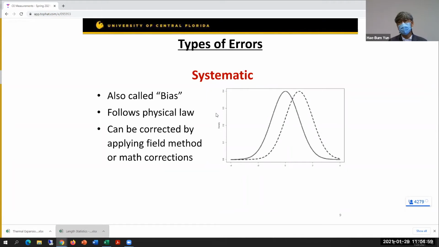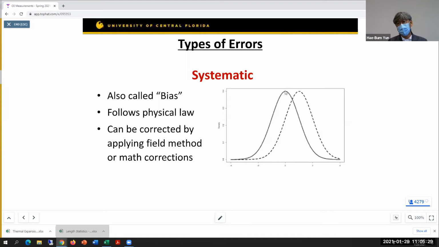The first one is systematic. The second is random. So let's first talk about systematic error. Systematic error is also called a bias. As you can see, we have two probability function curves here.